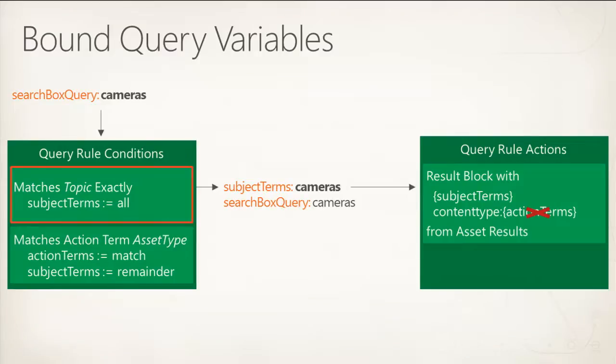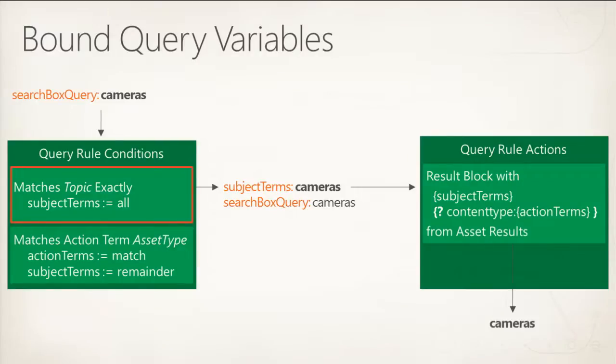What you actually want is to say that whole second line just shouldn't be there if action terms isn't set. And you can do that. When you are writing these query variables, you can use this syntax here where you have a curly brace and a question mark. And what that means is if any query variable inside of this is empty or not assigned, get rid of all of it. So now what happens is we end up sending just subject terms to asset results, which is what we wanted in the first place.